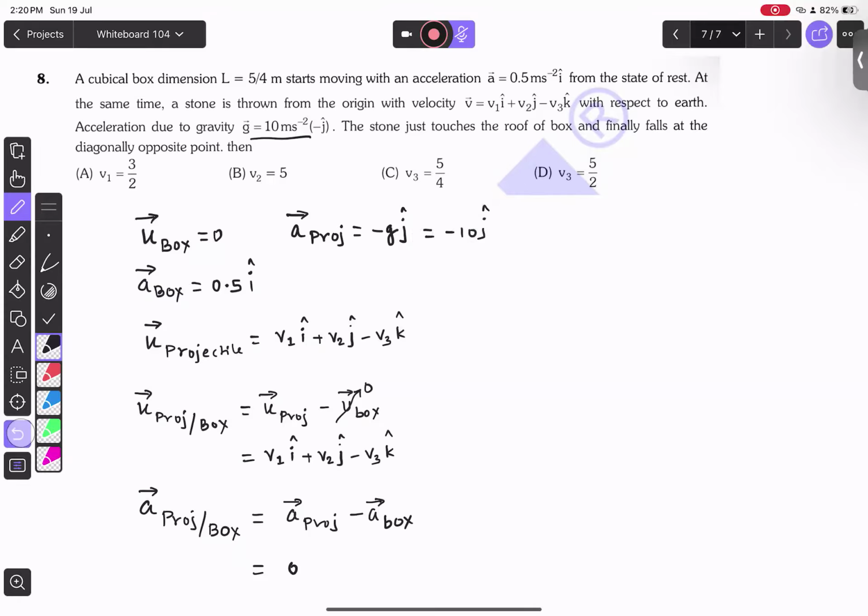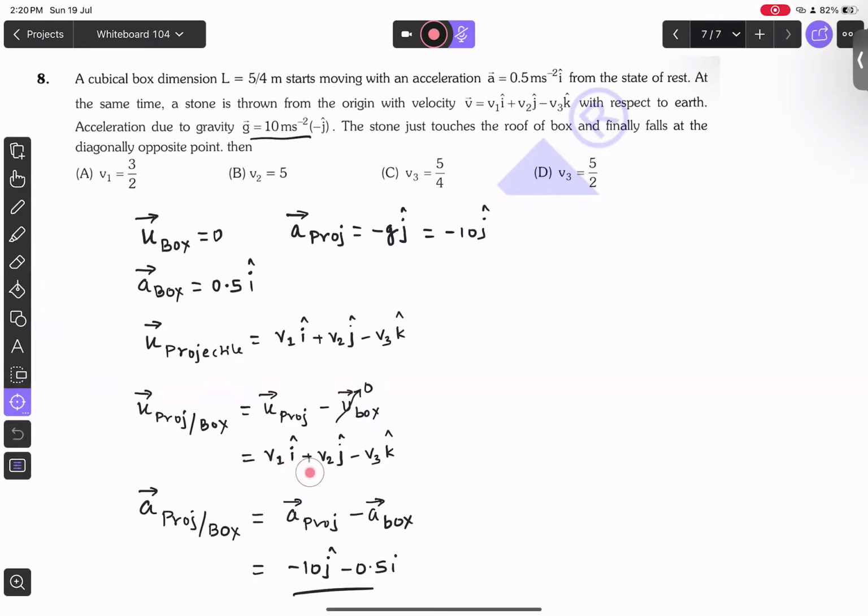So the acceleration of the projectile with respect to the box will be minus 10 j cap minus 0.5 i cap. Now you are going to solve a brand new question in which the box is not moving, but a particle is moving with all these velocities along x, y and z, and this much acceleration along x and y.